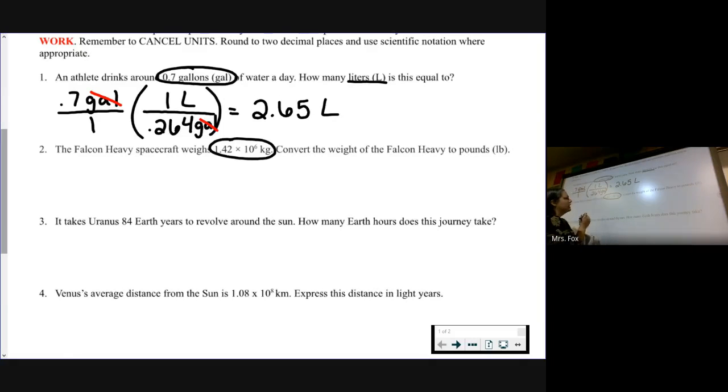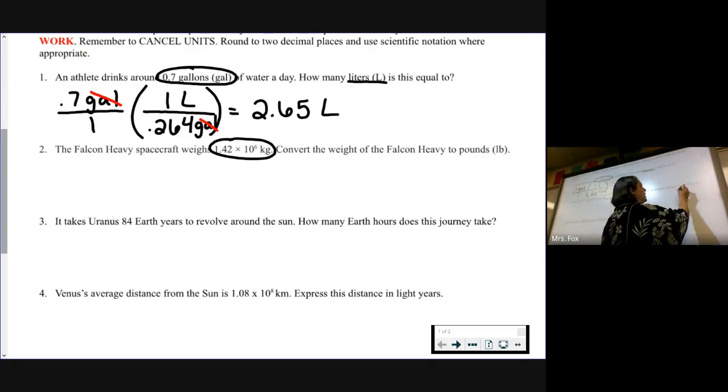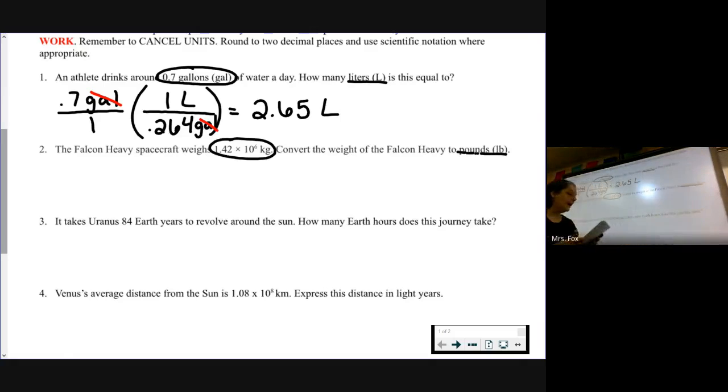Number 2, the Falcon Heavy spacecraft, it's a real thing, weighs 1.42 times 10 to the 6 kilograms. Convert the weight to pounds. I have an equality between kilograms and pounds, so that means I'm only going to have one conversion factor. 1.42 times 10 to the 6 kg over 1. Remember, we like to put it over 1 as a placeholder.